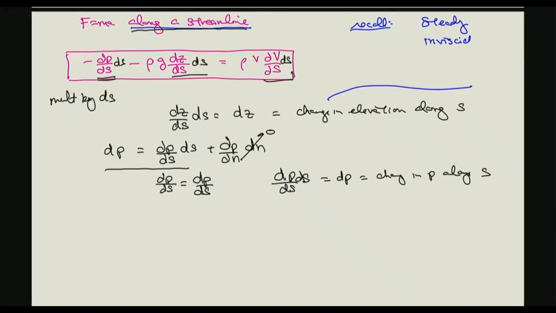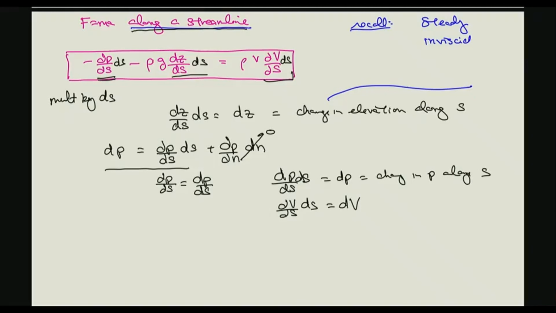And then this term here, dV ds ds, is going to be equal to dV. Remember, there is only a velocity in the direction of S. So the speed, v, only changes along the streamline.